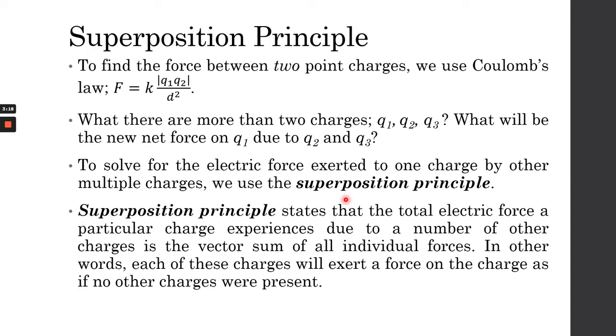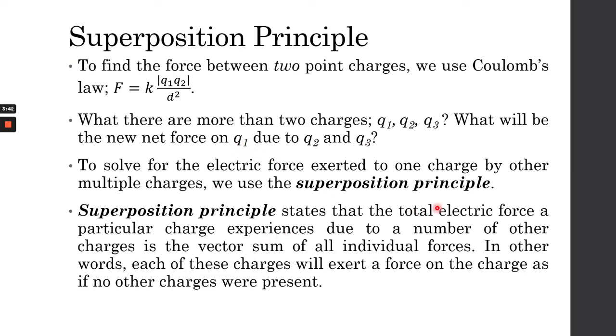The superposition principle basically states that the total electric force that a particular charge experiences due to a number of other charges is the vector sum of all individual forces. What do we mean by that? We have a particular charge, in this case Q1.